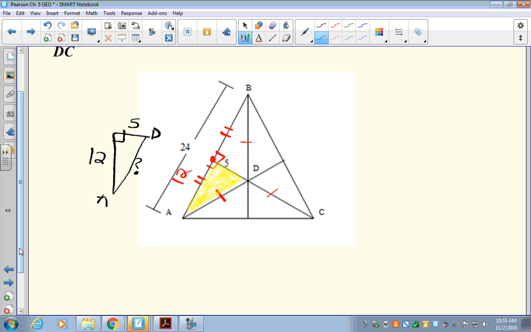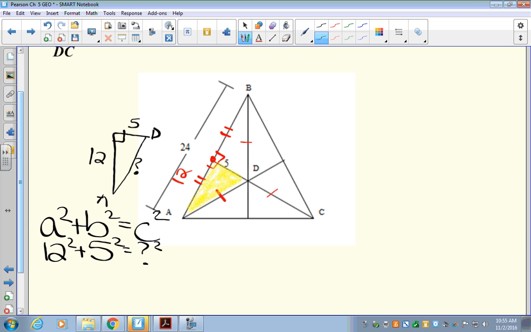Pythagorean Theorem, right. So Pythagorean Theorem says a squared plus b squared is equal to c squared. And in this case, it's 12 squared plus 5 squared equals our unknown side squared.